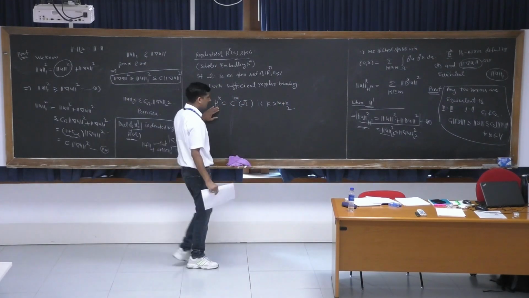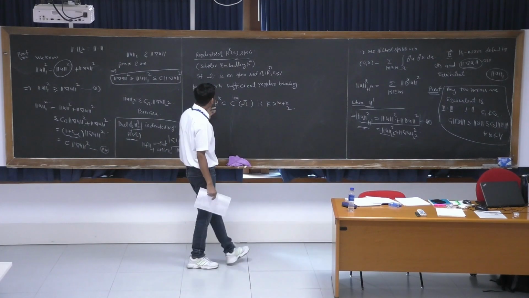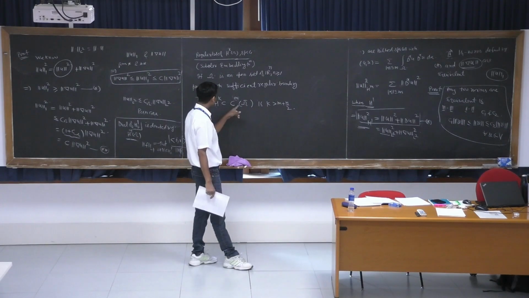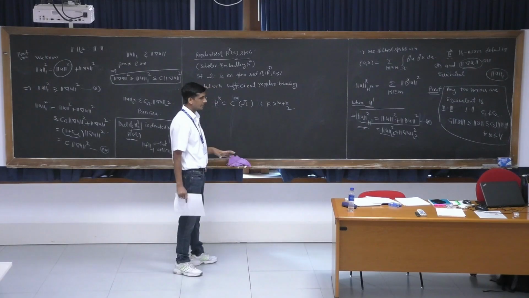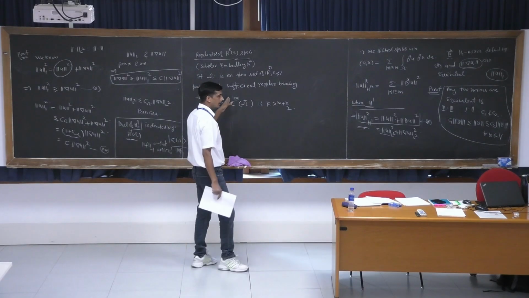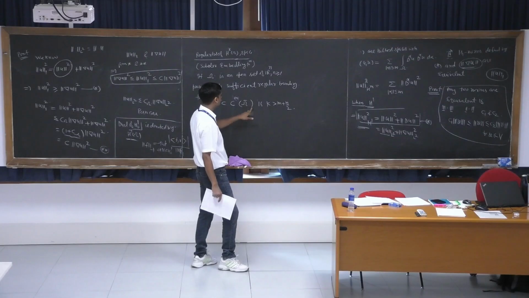This means that H^k spaces are contained in C^m spaces. C^m means continuous and differentiable up to the mth order and uniformly continuous, because the bar is here.